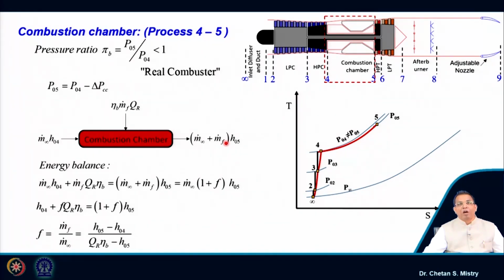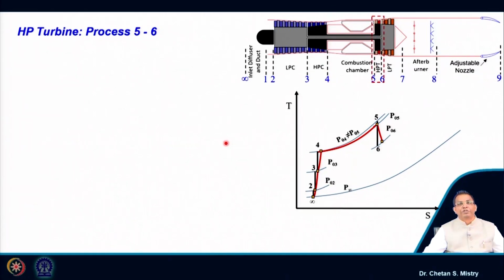Okay. Now, what we have next is our HP turbine. For the HP turbine, we have our ideal process represented by 5 to 6, but in the actual case, as we have discussed, our temperature will be higher. Under that condition, we know our HP turbine is used to rotate my HP compressor.